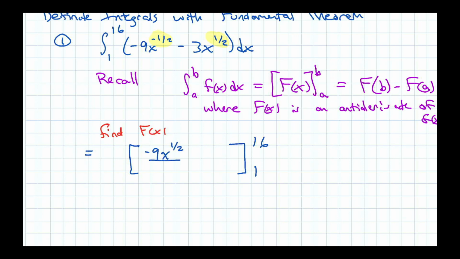Then you divide by that +1/2. We do the same thing for the other term: we have -3, and the exponent is +1/2. We add 1, so it goes up to 3/2, and then you divide by 3/2.